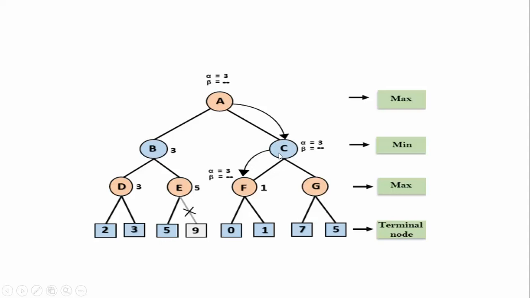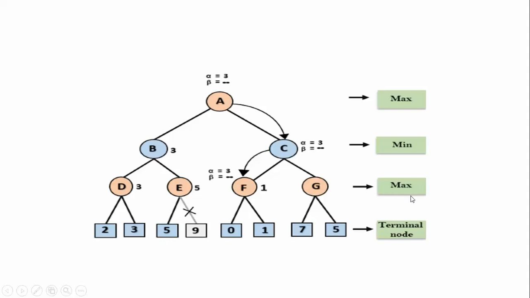Among these, I have to give importance to the left node. Same thing, it is the parent node, it is the child node. As it is copying, alpha equal to 3, beta equal to infinity. Then you are coming to the F. After that there are no child nodes, there are terminal nodes. Now we are going to apply the condition. F is at which level?